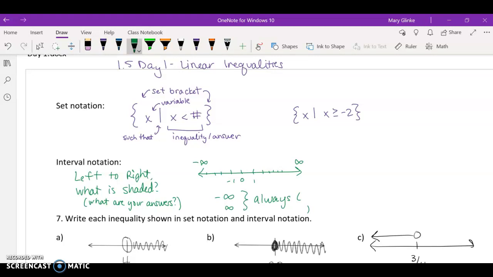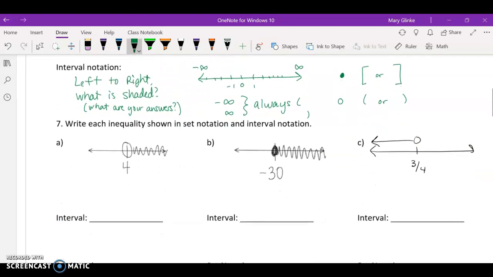On your number line, you're also going to be seeing solid circles or open circles. If it's an open circle, you're going to have a parenthesis either on the beginning or on the end. If it's a filled in circle, you're going to have a bracket either on the beginning or on the end.